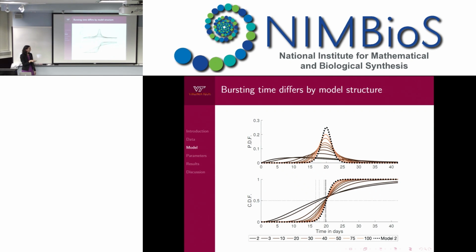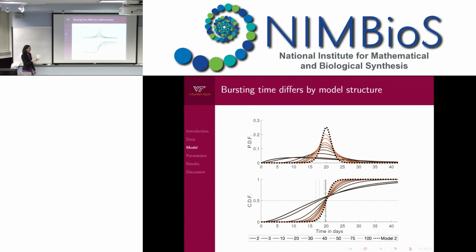I'll talk to you about all the different lines here, but on the top we have our probability density function and our cumulative distribution function that we're working with. The dashed line is our model 2, and actually that's not a true CDF, but it's what the time-dependent bursting function looks like. We want to see if our model 1 with a different number of compartments may be able to approximate that pretty well.